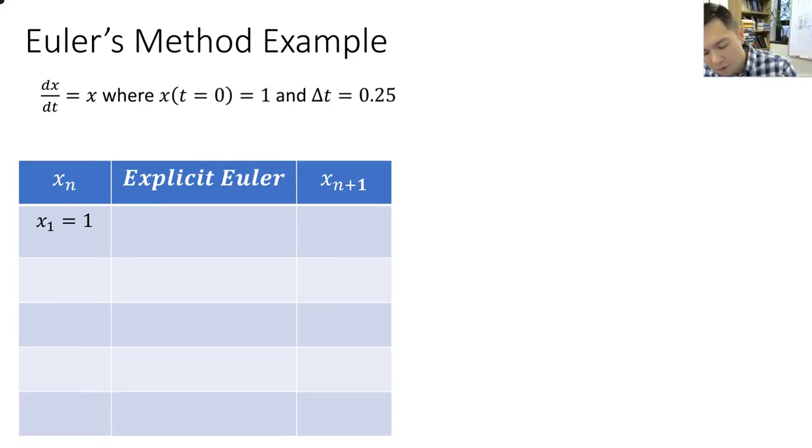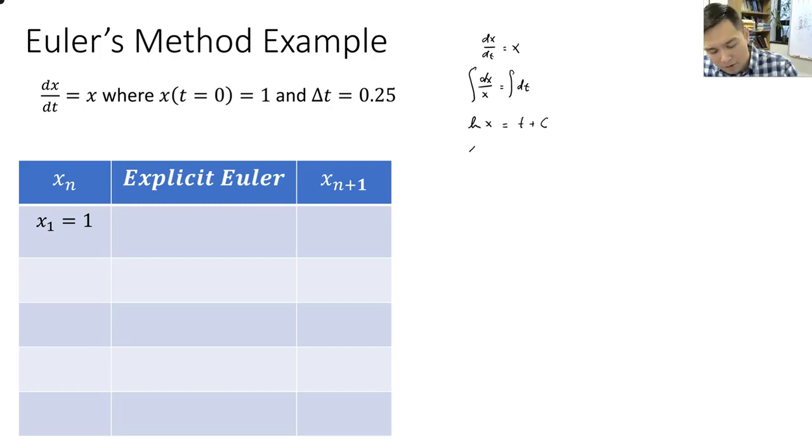It can be shown that if we say dx/dt is equal to x, I can use the method called separation of variables to say that's the equivalent of dx over x is equal to dt. And I can take the integral of both sides. That'll give me log x is equal to t plus c, where that's our integration constant.